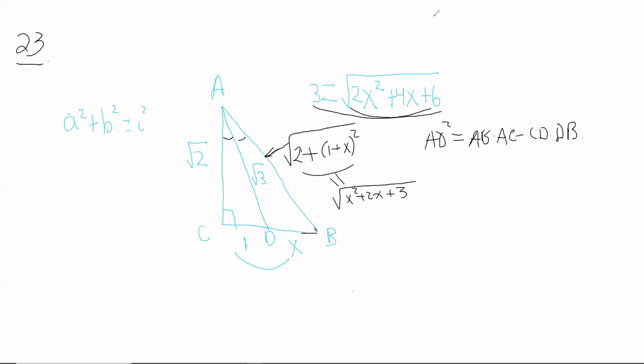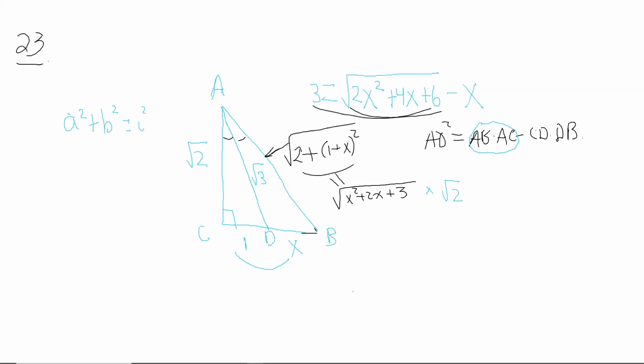I'm using this, so AB times AC, so the square root of this times the square root of 2 equals this. Okay, then you need to minus, right? Yeah. Minus CT, so you need to subtract x here. Okay, go ahead. Yeah, write down x times the x, yes. Very good.